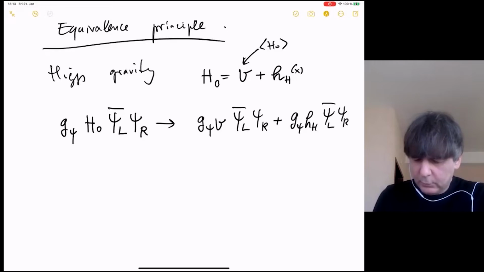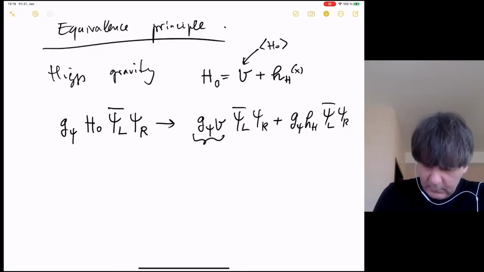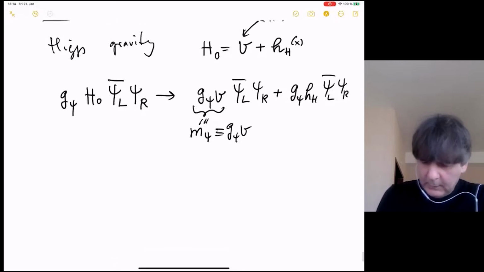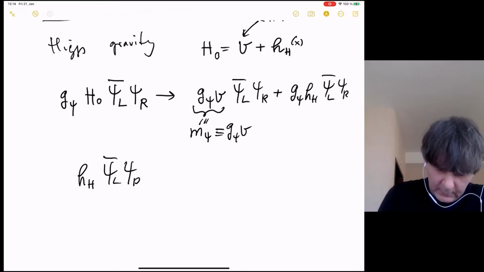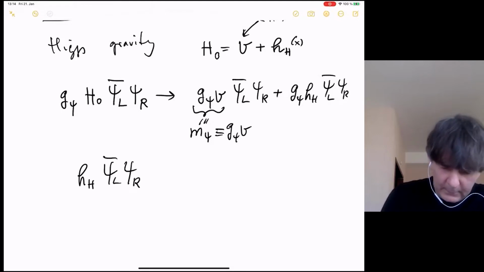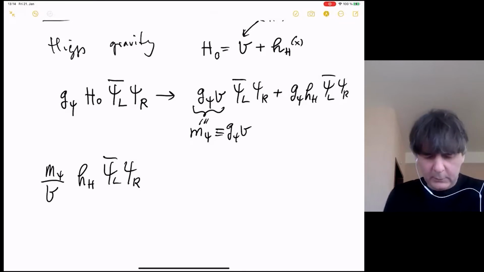This is useful to express as a mass. If I call this the mass of the fundamental fermion, then the strength of the coupling H psi L bar psi R is the mass of the fermion divided by the expectation value of the Higgs.